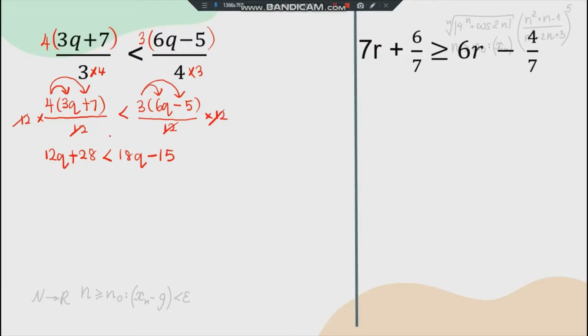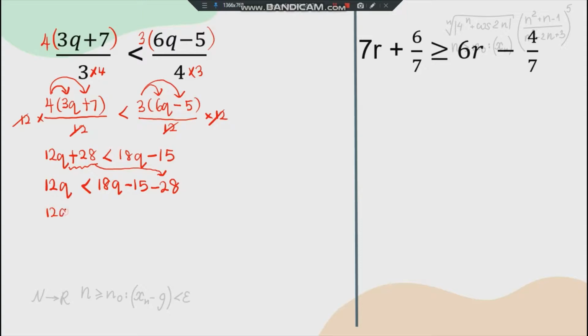We will bring it into our right hand side. So we are doing a shortcut here. So 12q less than 18q minus 15 and plus 28. If we bring it to your right hand side, it will become minus 28.